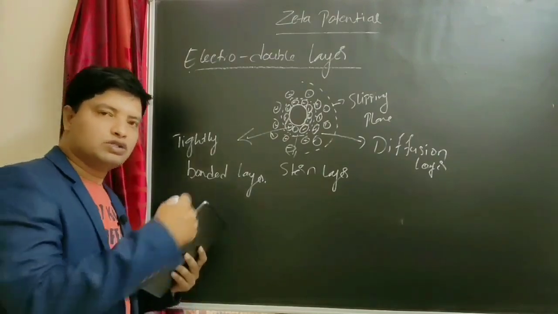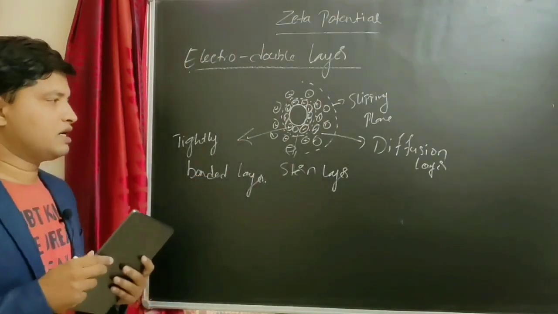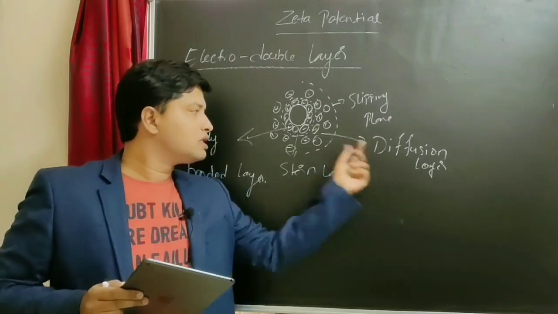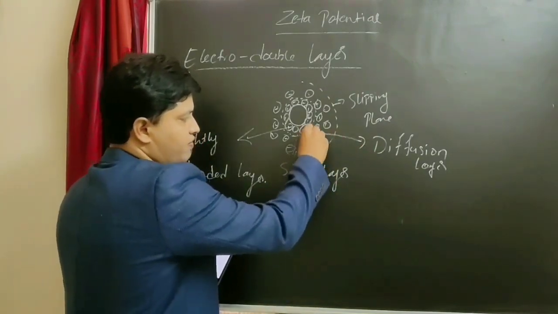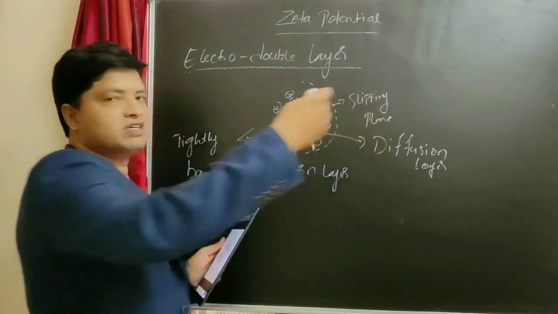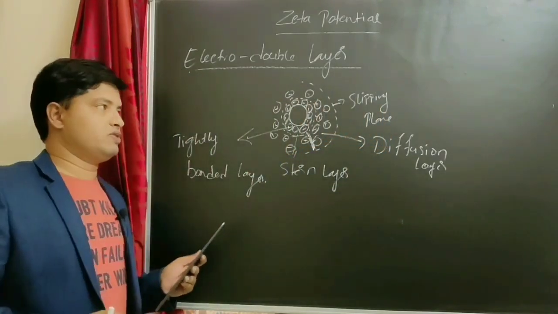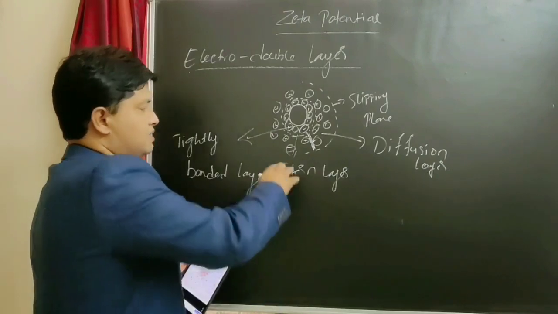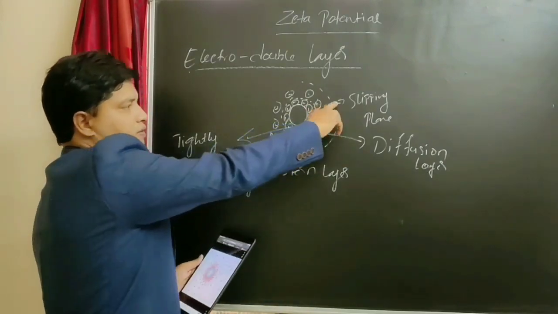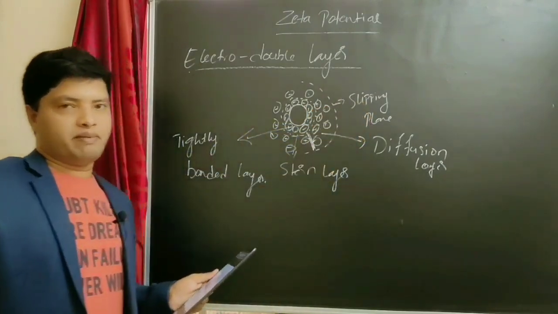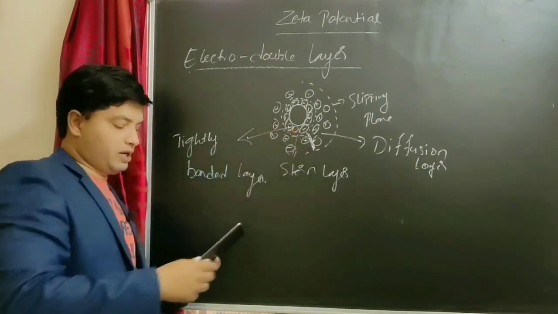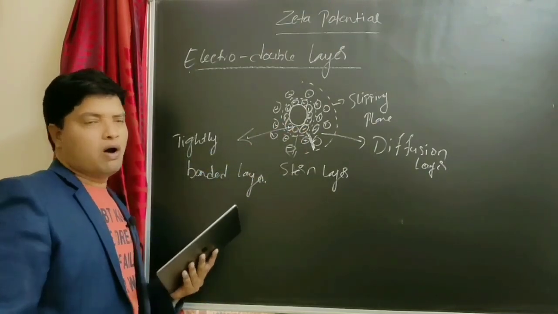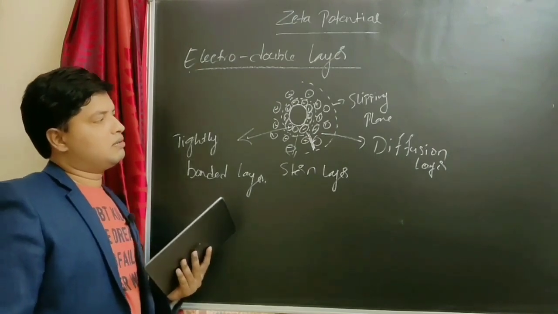Because this layer will also move along with the particle. We call this outer layer, from here to here, the diffusion layer, because the ions keep on diffusing here. The planes: we call one the Stern layer, and the other plane the slipping plane, and we can also call it the shear layer. There are many names by which we can call it.